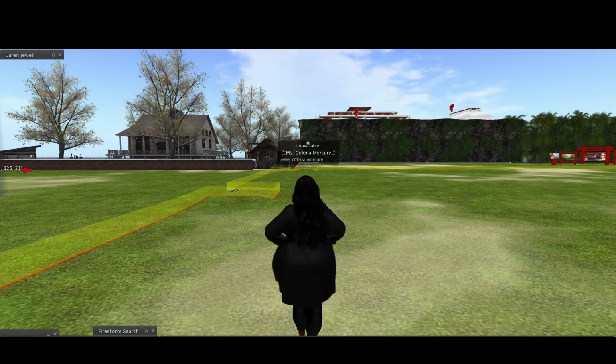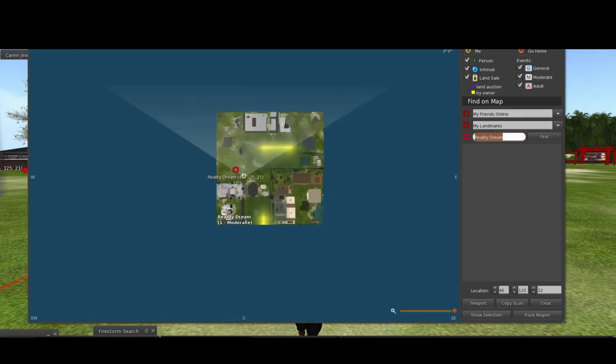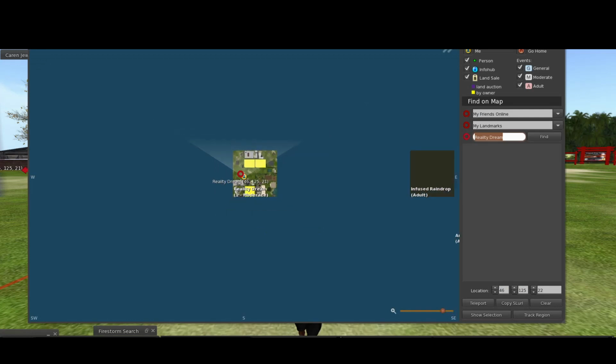Last way of doing a search. Now we are in an area that is individual sim heavy, and so a lot of your rentals are not going to be mainland rentals here.